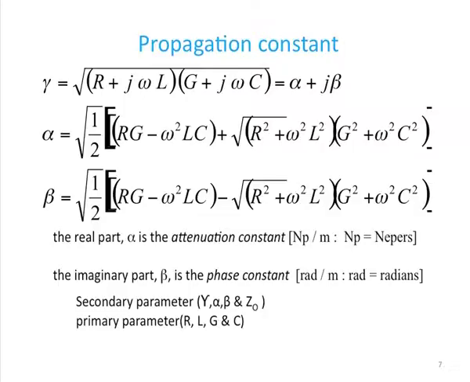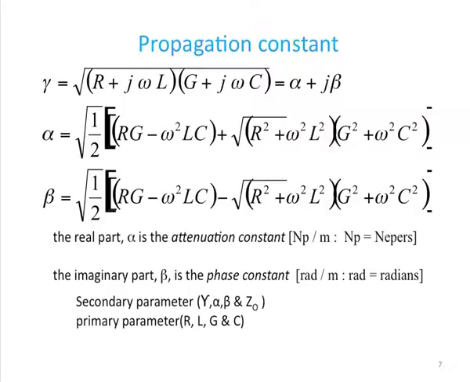So, they depend on the line parameters, and the line parameters depend upon the physical dimensions of the line. The attenuation constant provides the attenuation per unit length, its unit is Neper per meter, and the imaginary part, beta, provides the rate with which the signal's phase shift takes place when moving along the unit length.